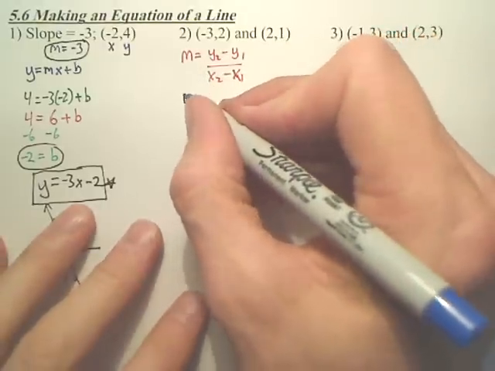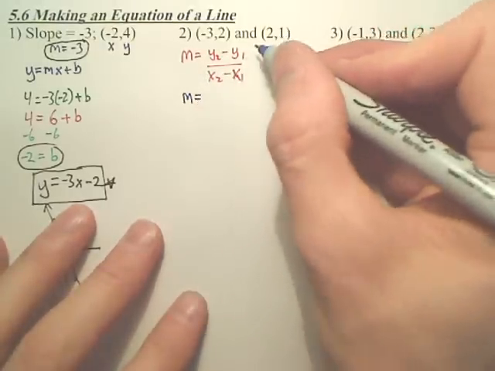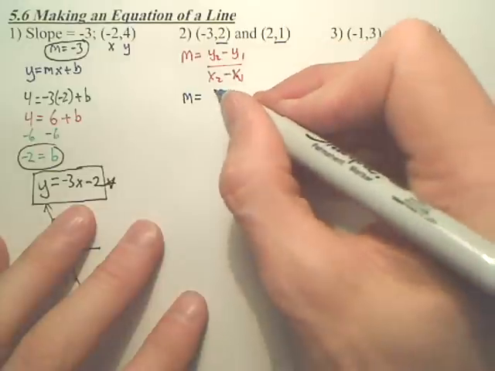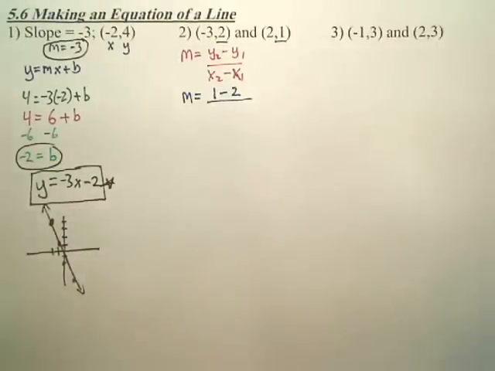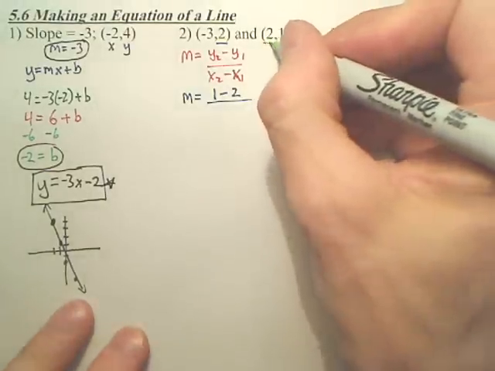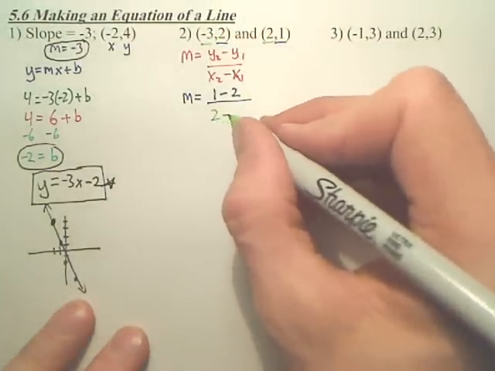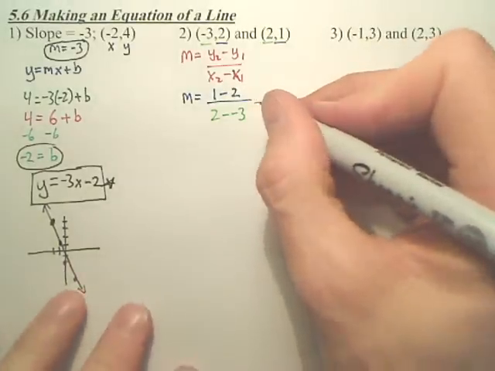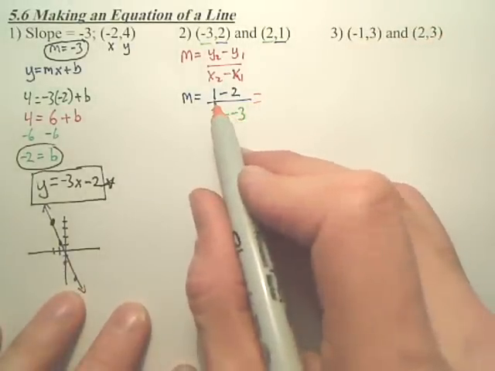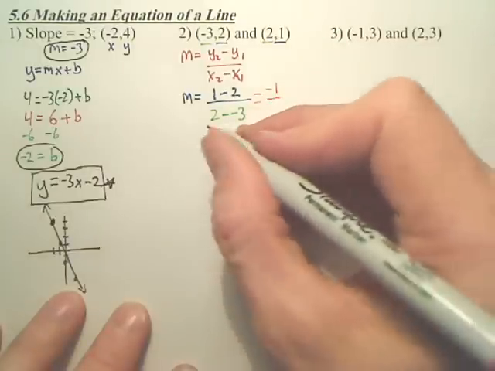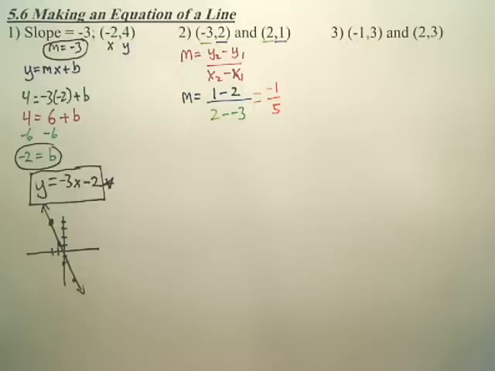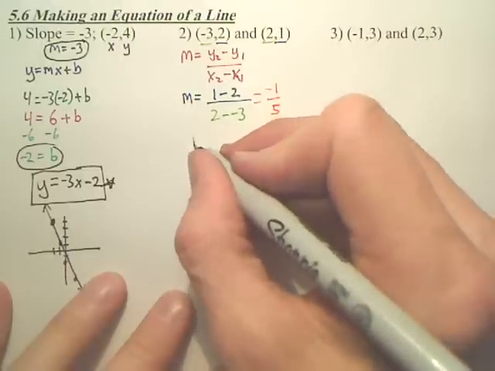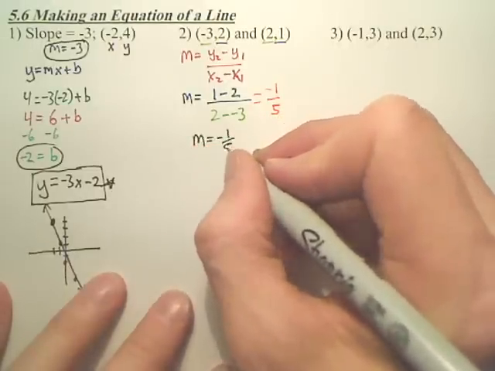So to find the slope, it's 1 minus 2, over 2 minus -3. So the change in the y's is -1, the change in the x's is 5. So my m is -1/5.